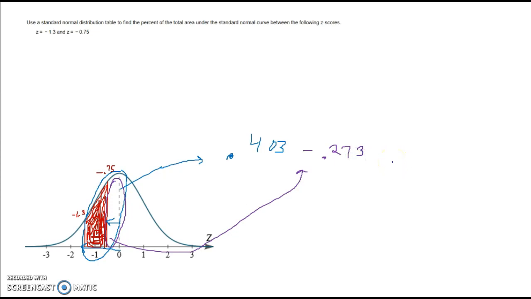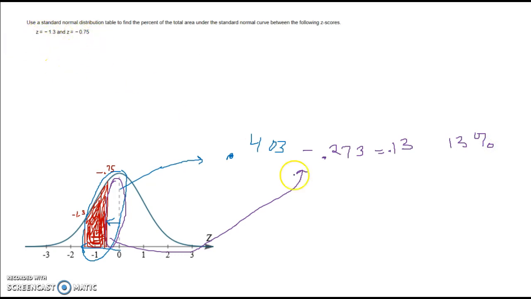Now 0.403 minus 0.273 is 0.13, and so that is 13%. So 13% of the data values fall between those two z-scores.